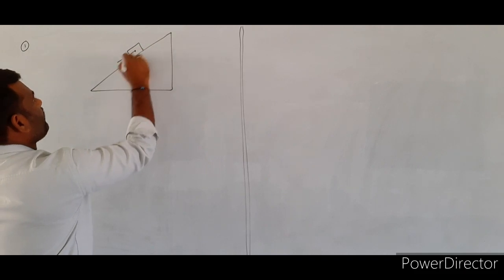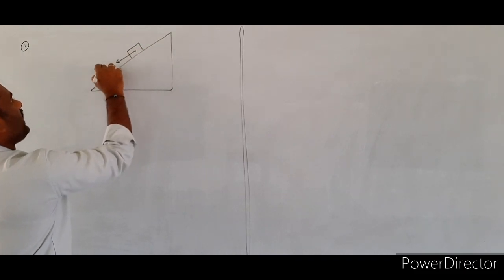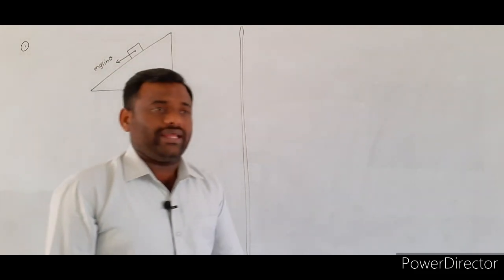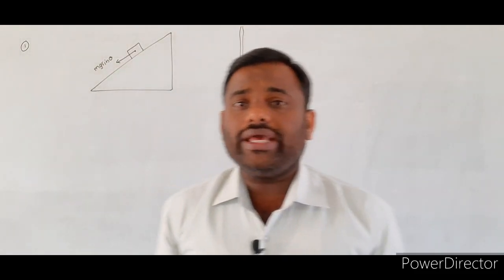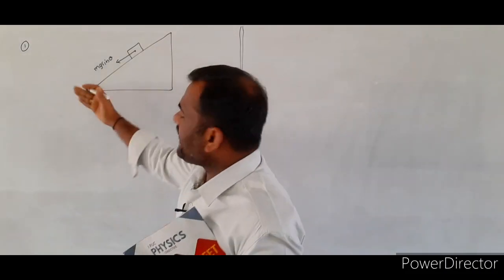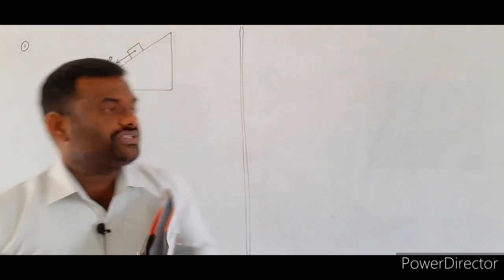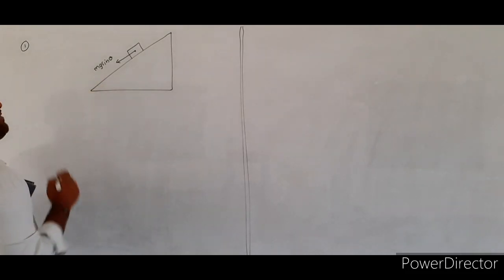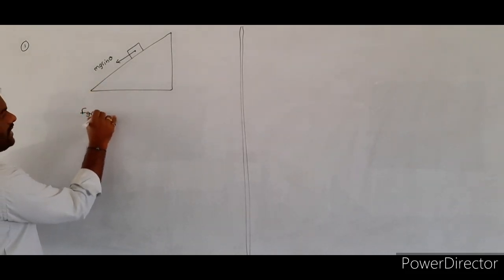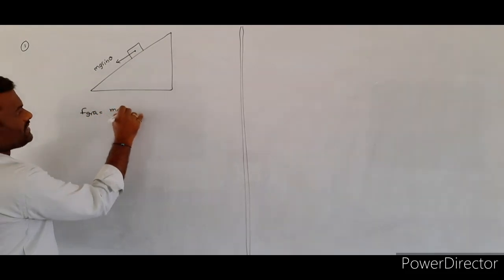So whenever the body slides on the smooth inclined plane, the force acting on the body is nothing but the gravitational force. While the body slides downwards, the component of the gravitational force is equal to mg sin theta.